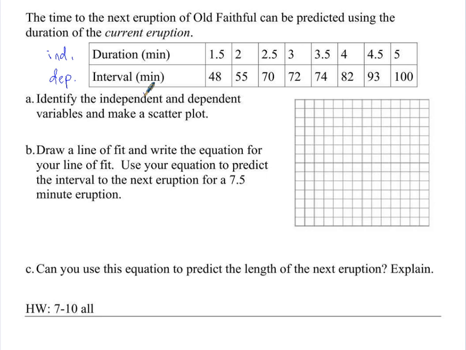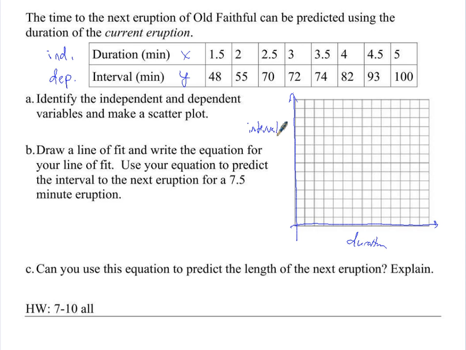What do you want to call duration for a variable then? X. That's the independent variable, and which makes the interval until the next eruption y. Now I don't have negative time in either case, so I'm going to put my axis in the lower left-hand corner. On the bottom axis is going to be duration, and on the vertical axis will be the interval.